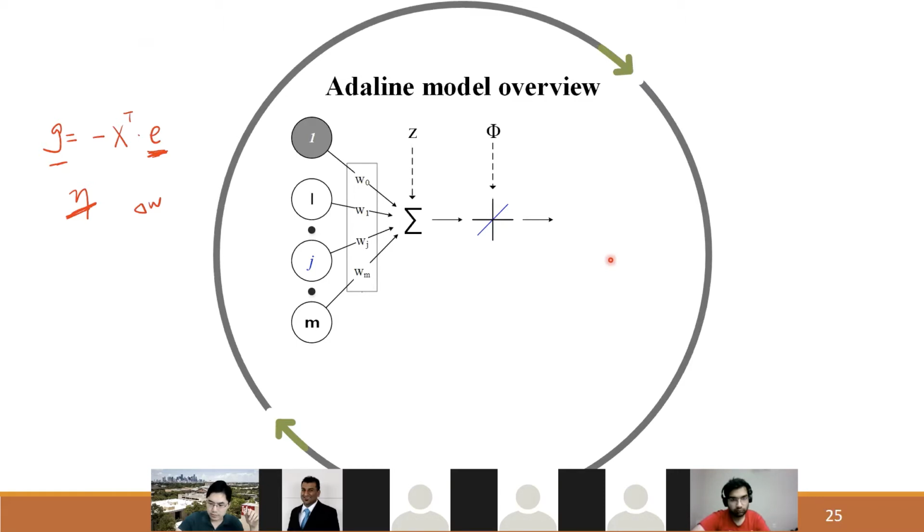Now, after the linear activation, which does nothing, it will pass the net input to the next step. So what is net input again? It's a linear but weighted combination of the input signal. So basically you have collected all the signal.